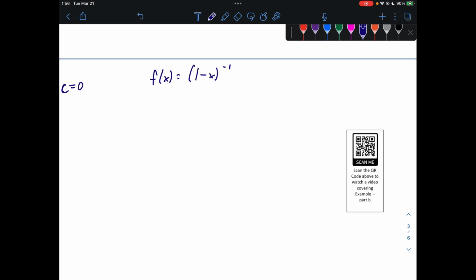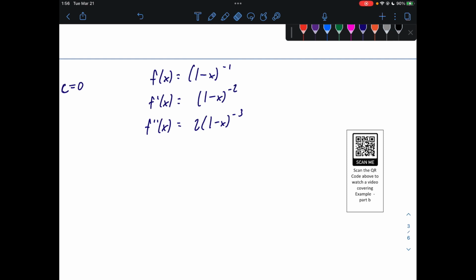All right, f prime is negative 1 times (1 minus x) to the negative 2 times negative 1. So just positive (1 minus x) to the negative 2. Second derivative, negative 2 times (1 minus x) to the negative 3 times negative 1.